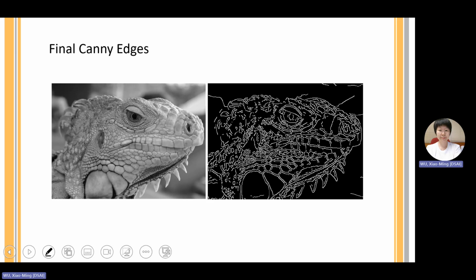So finally, with these steps, non-maximum suppression and hysteresis thresholding, this is what we get: a pretty good edge map. We call this the edge map, and the edge map is a binary image.